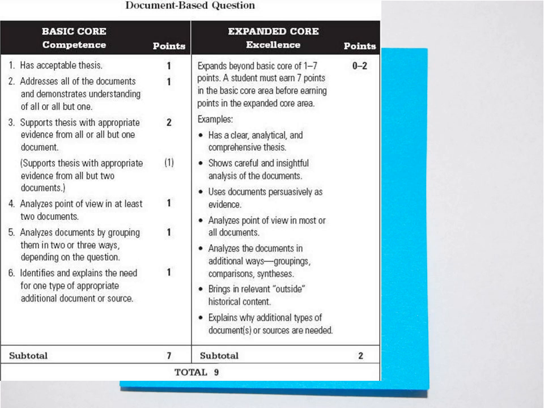You would say a chart about how many civilian deaths in World War II is helpful because written accounts can be skewed and they might not give the right number. That's kind of what the reasoning behind an additional document needs to sound like. So you can get up to 9 points. Normally, students hit 6 to 7, normally 6, and they jump up to 8 if they were really good. No one really gets 7.